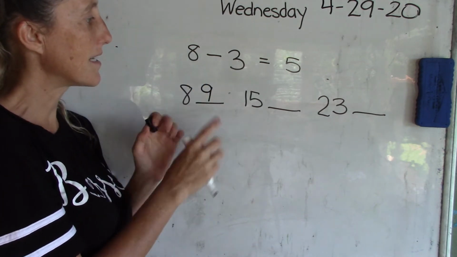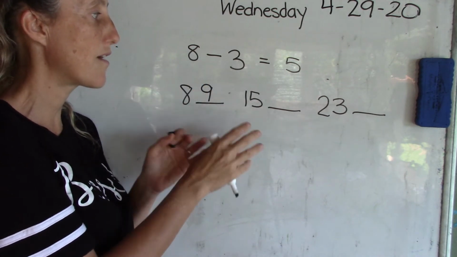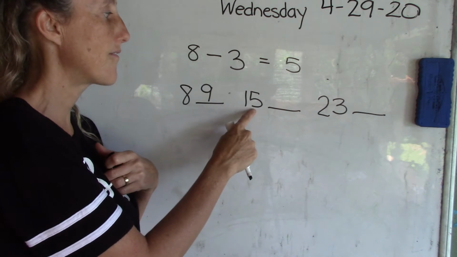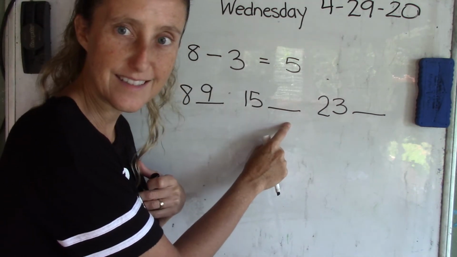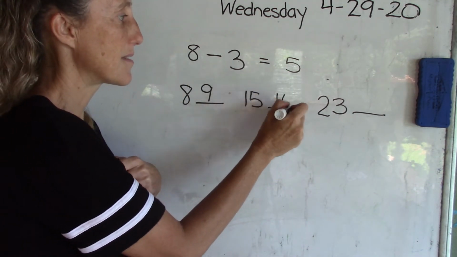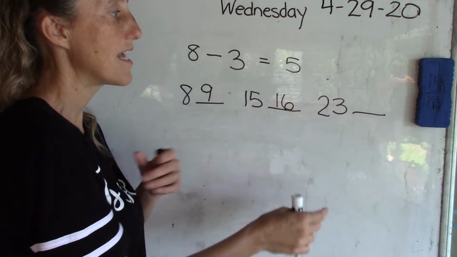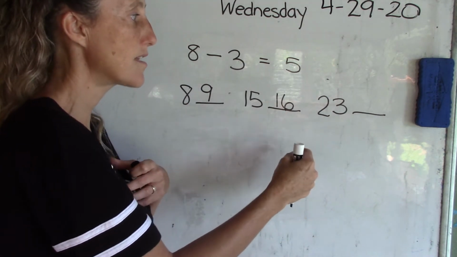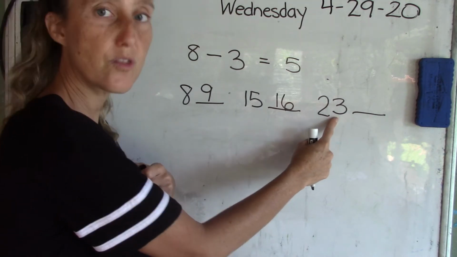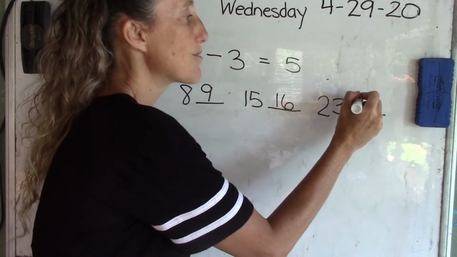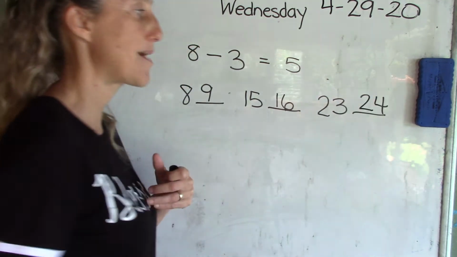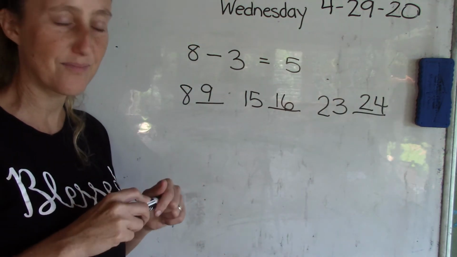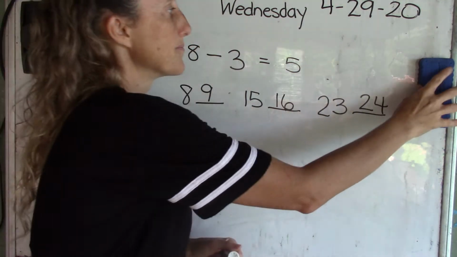And if you keep counting 10, 11, 12, 13, 14, 15, right, 16 comes next. And if we keep counting, 17, 18, 19, 20, 21, 22, 23, 24. Great job. You got them all. That's awesome.